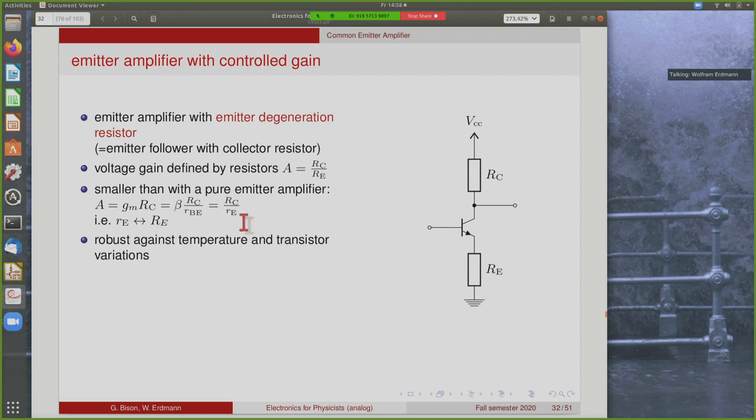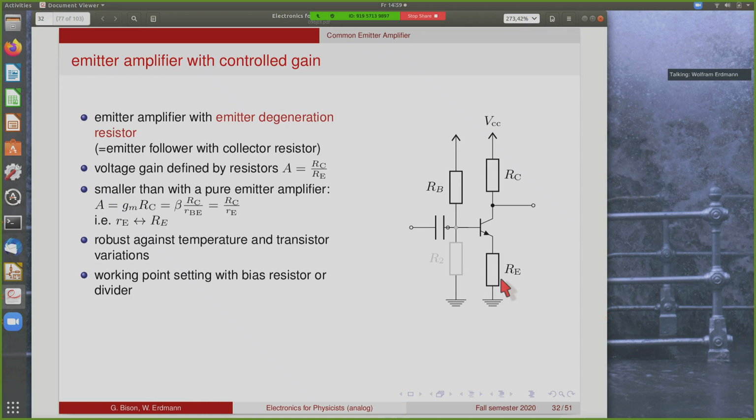So what we've done now, we've swapped the small emitter resistor of the transistor for a real resistor that we attached to the emitter. But now the advantage is that the properties of this are really determined by resistors, which are very precise, and this amplifier is now very robust against temperature and transistor variations.